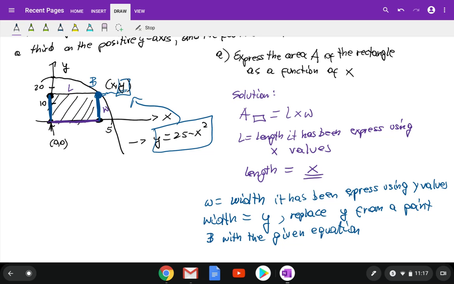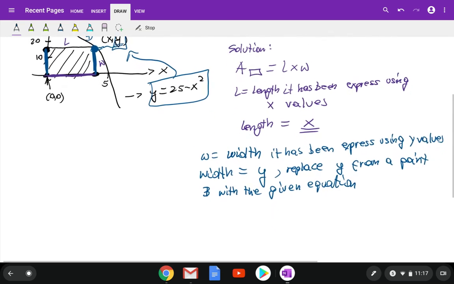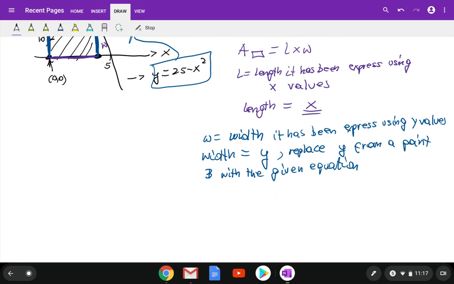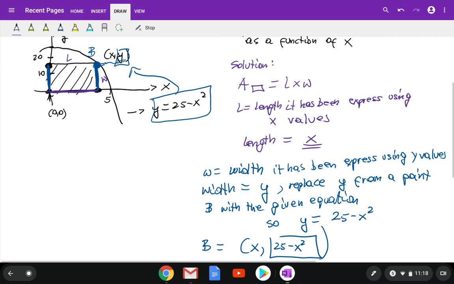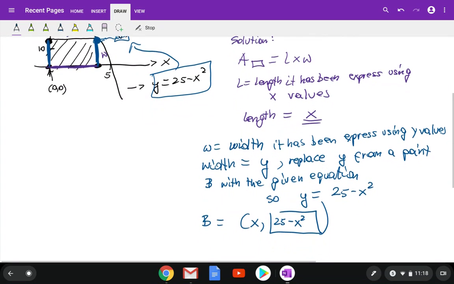This point belongs to the graph y equals 25 minus x squared. So the y coordinate satisfies the equation 25 minus x squared. So you can think about point B as having coordinates x, and we're replacing that y with 25 minus x squared because it belongs to the graph of the function 25 minus x squared.